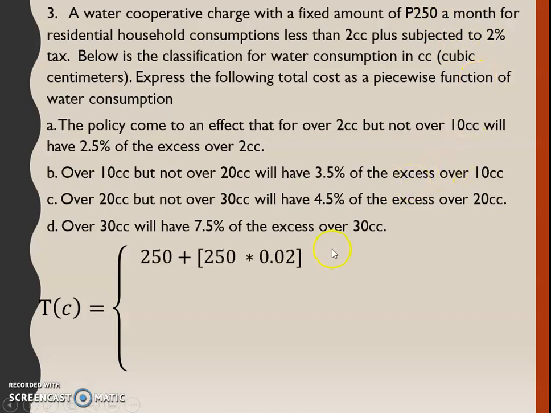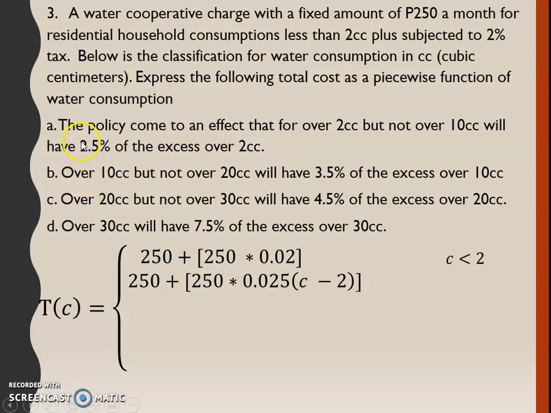So we have 250 pesos plus 250 times 2%, 0.02. So that will be 255, for those who are consuming less than 2 cc. How about for the second part?